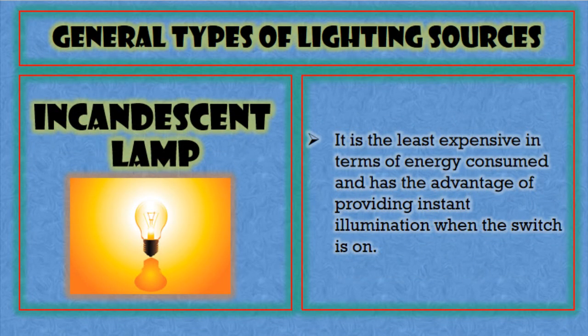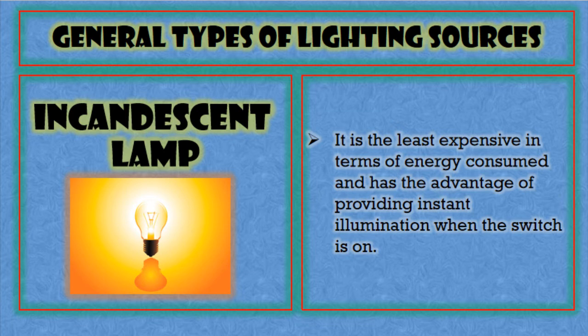Now, let us proceed on the general types of lighting sources. Meron naman tayo dito yung number 1 na na-mention natin kanina, the so-called incandescent lamp. Okay, so dito, it was said to be the least expensive. So, ito yung considered to be as cheap in a way. Ito yung nabibili natin noon usually na ginagamit din or ini-install sa mga indoors natin or sa mga houses natin. So yun, in terms of energy consumed, and has the advantage of providing an instant illumination when the switch is on.